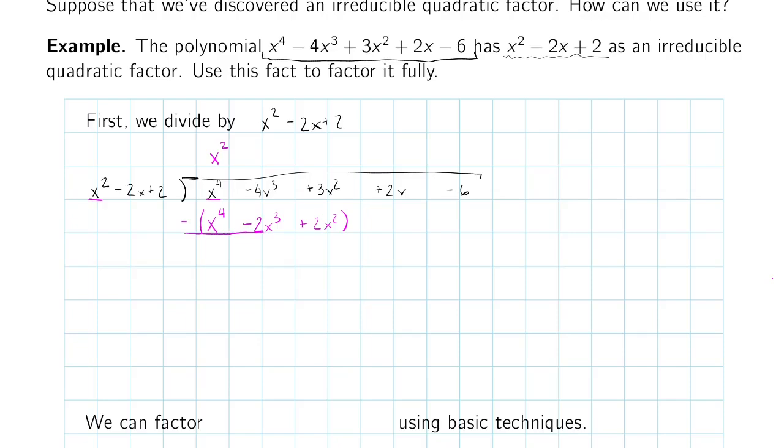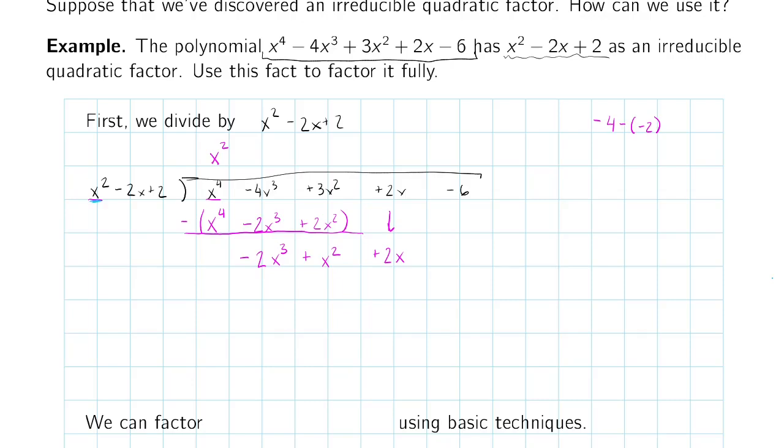And then I'll subtract negative 4x to the third minus negative 2x to the third. So I'm taking negative 4 minus negative 2. I'm left with negative 2x to the third. 3x squared minus 2x squared is just a 1x squared. And then I'll bring down my plus 2x.